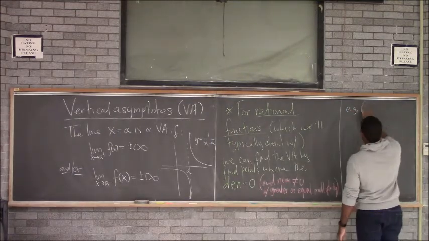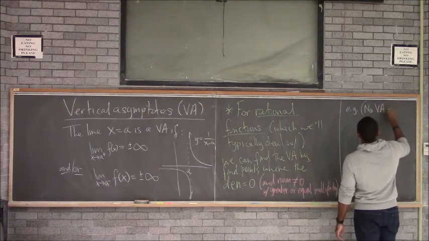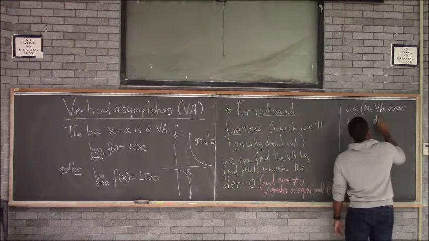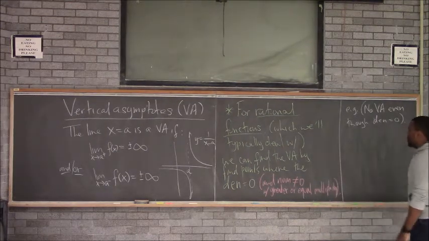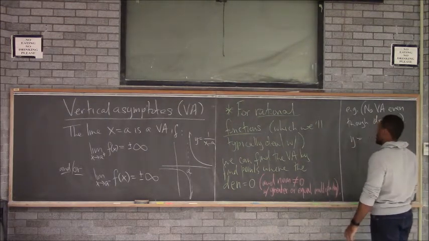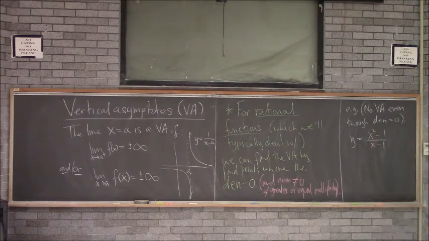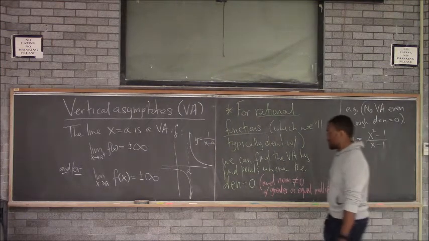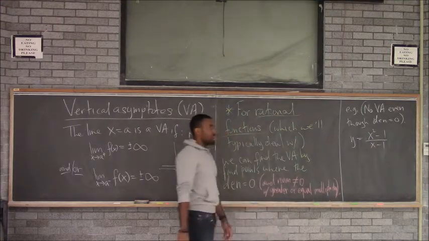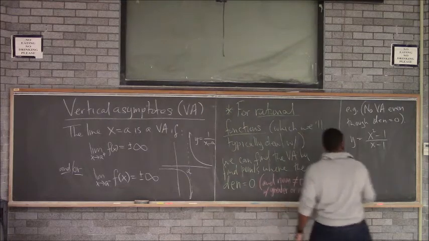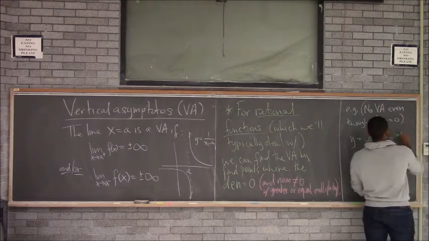Here's an example, no vertical asymptote, even though. We looked at this graph a couple of times. So it's x squared minus 1 over x minus 1. Look at that graph. Now clearly the denominator equals 0 at x equals 1. Is there a vertical asymptote at x equals 1? The answer was no. We realized that this was actually just x plus 1 times x minus 1 over x minus 1.